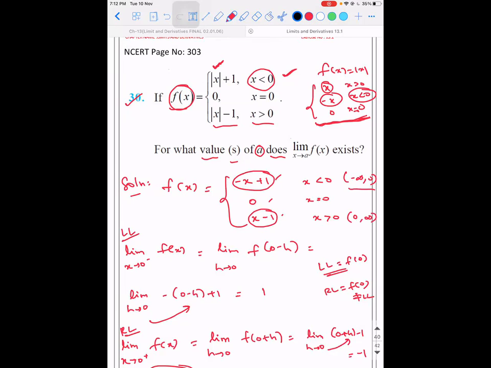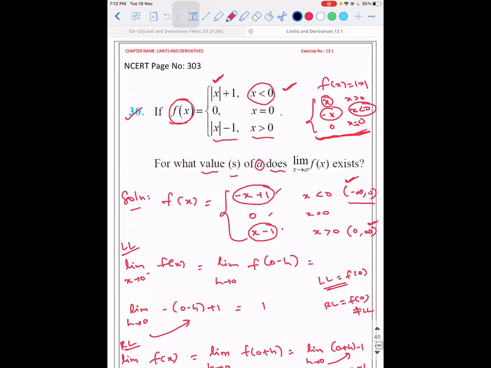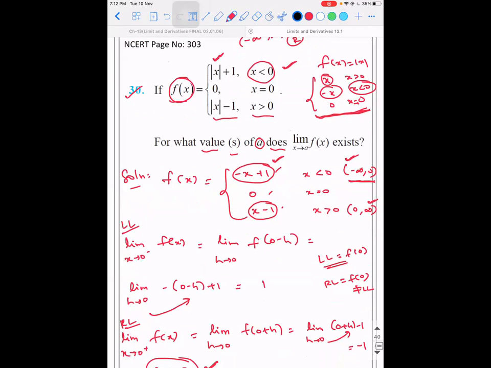So if you look at the extreme values, the function starts at minus infinity and ends at plus infinity. So minus infinity to plus infinity is another way to write real number. The meaning of this is that minus x plus 1 exists for every value between minus infinity and 0, except at 0. Similarly, x minus 1 exists for any value from 0 to infinity, except at 0.